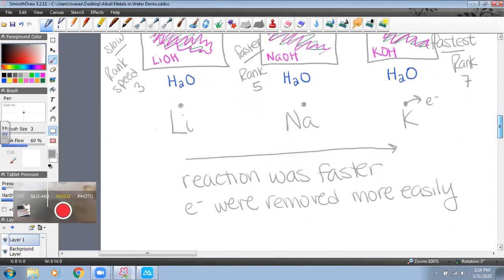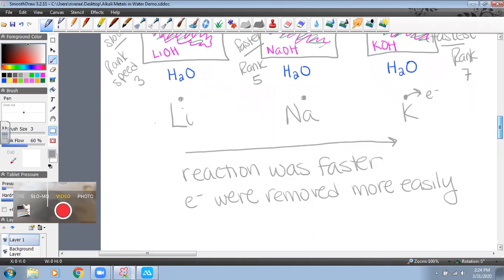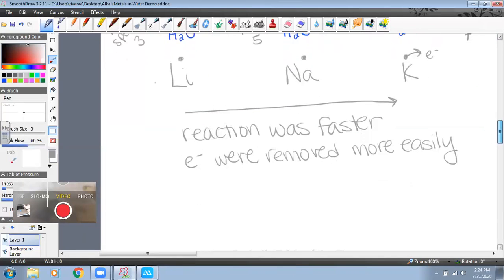Okay. So the question that we're going to answer tomorrow is why? Why are potassium's electrons removed more easily? The ability to remove electrons more easily is based on something, and you don't need to write out all these definitions yet, but we're going to learn about them tomorrow, something called ionization energy.